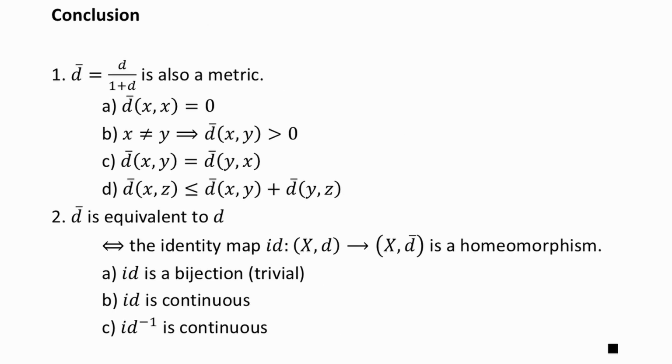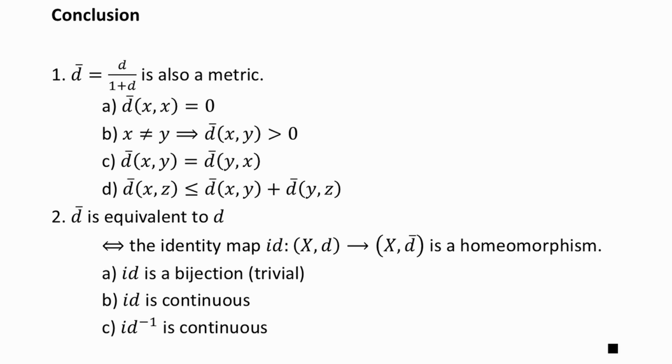So conclusion. The first part, we show that d bar equals d over 1 plus d is also a metric by showing that d bar of x and itself equals 0. If x is not equal to y, d bar of x and y is larger than 0. d bar of x and y equals d bar of y and x. And d bar of x and z is smaller than or equal to d bar of x and y plus d bar of y and z.